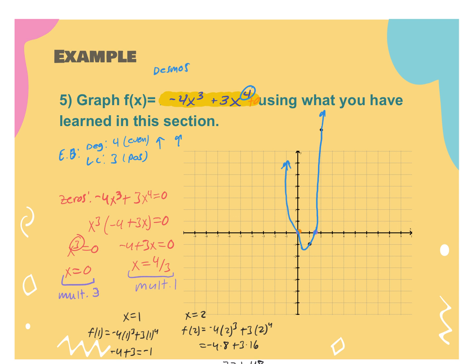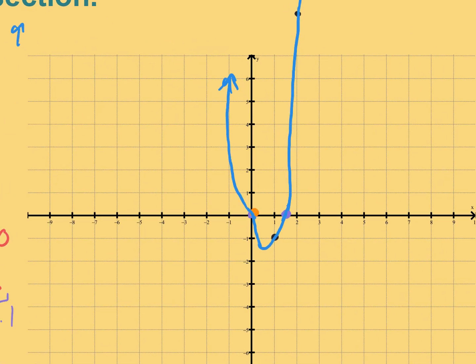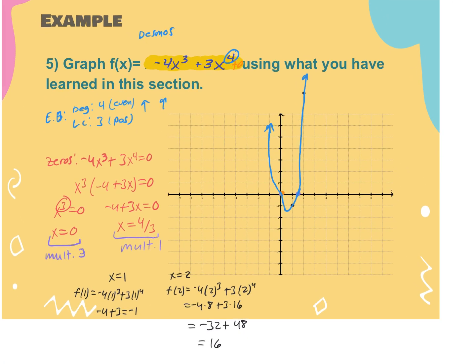If you put this into Desmos and zoom in really close on the point where x equals 0, you're going to see a little bit of a bump there. But regardless, it is going to cross. The multiplicity of 3 is going to give it a little bit of a bump, and the multiplicity of 1 is just going to cross like normal. And that's it for that one.